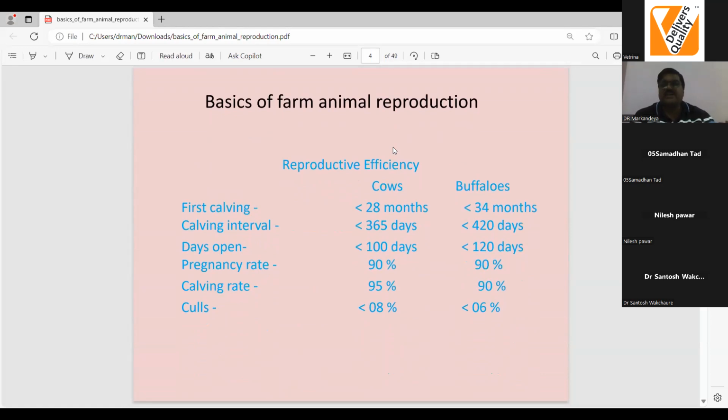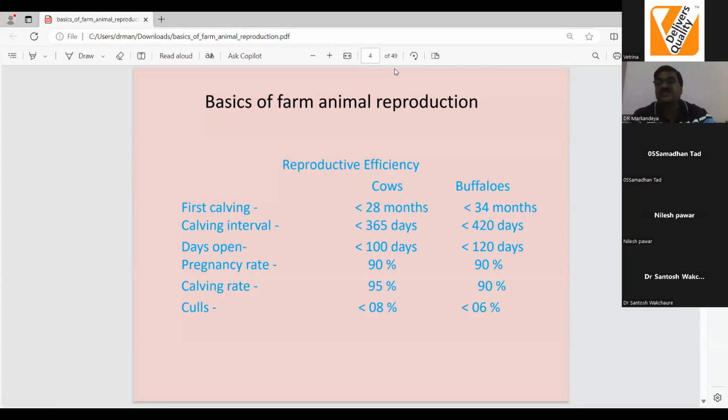In case of farm animals, and that too cows and buffaloes, large ruminants, this is what we expect. On an average, if we consider crossbreds and our native stock, first calving should be between 24 to 28 months of age. That implies animals should become pregnant at the age of 15 to 19 months.